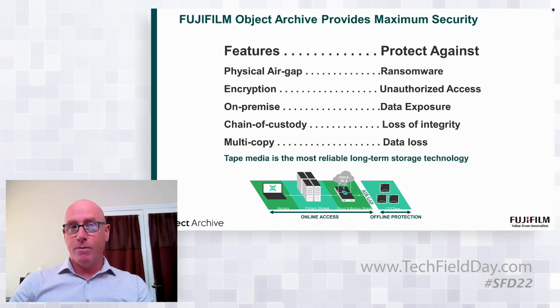When we focus on the security of the product, ransomware is probably the most significant factor in protecting data. The ransomware threat is creating probably the most significant need to have an air gap in your environment somewhere, so that you have disconnected data sets that are immutable.